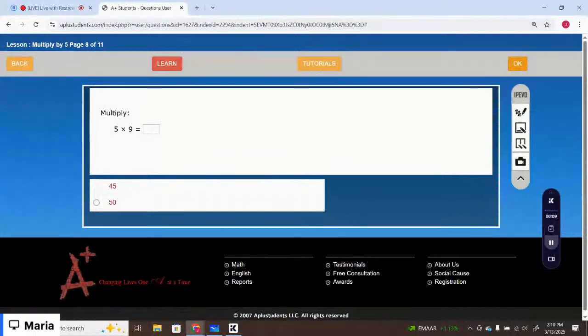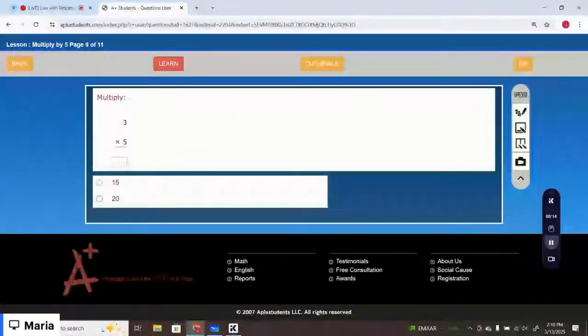Option number 1 is the correct option. 3 times 5 is the correct option. 3 times 5 is 15. Option number 1 is the correct option.